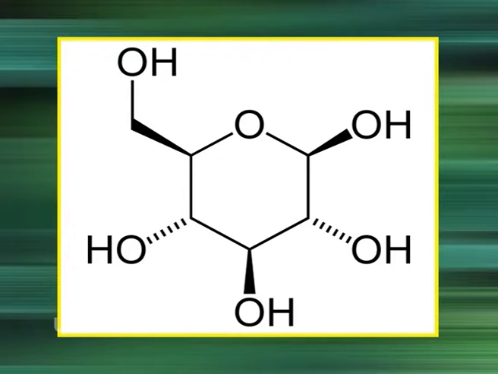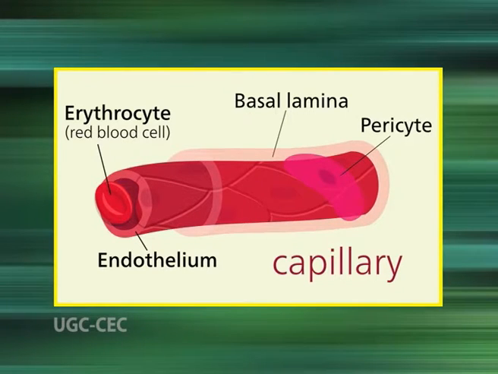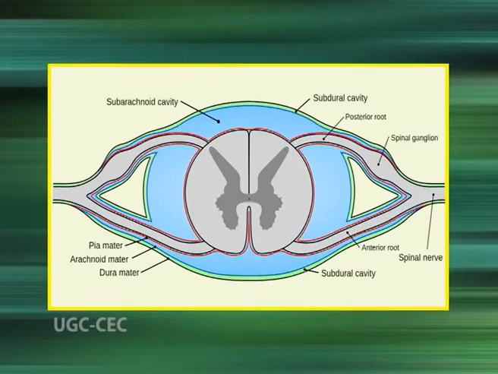Now let's discuss glucose. The glucose concentration in CSF is maintained by both facilitated transport and simple diffusion. Glucose is removed from CSF by transport across capillaries and arachnoid villi, but also is utilized by cells lining the ventricular cavities and subarachnoid spaces.